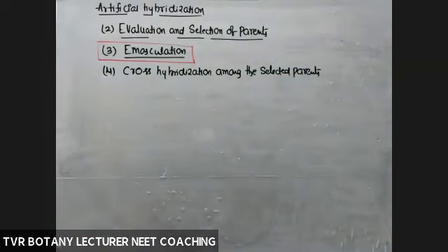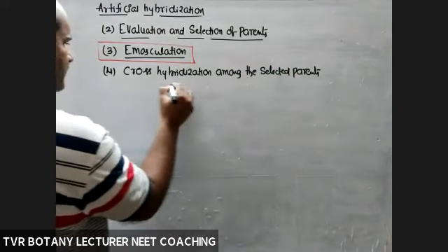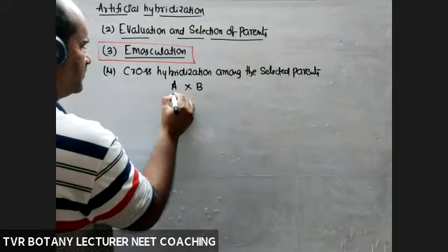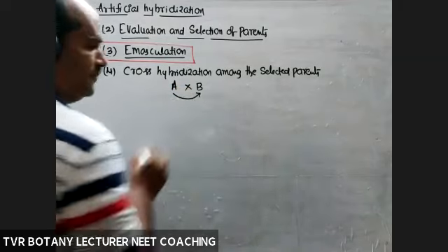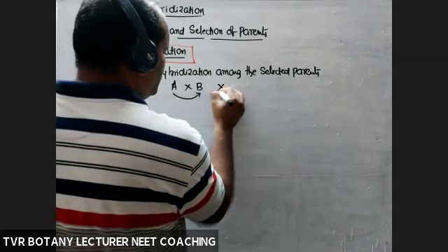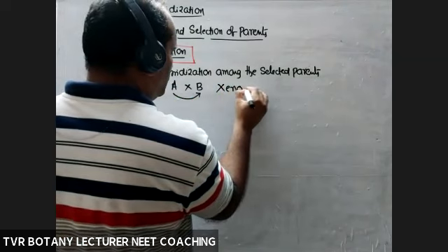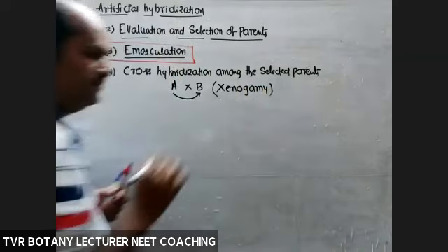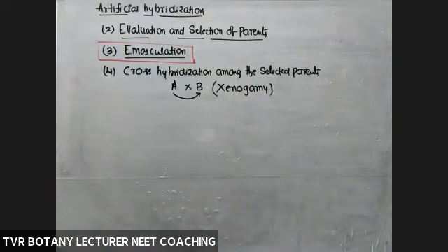Artificial xenogamous type of cross pollination. For example, A, B. Transfer of pollen grains from A to B. That is a xenogamous type of cross pollination. It involves xenogamy. Xenogamy. That is a true cross pollination.